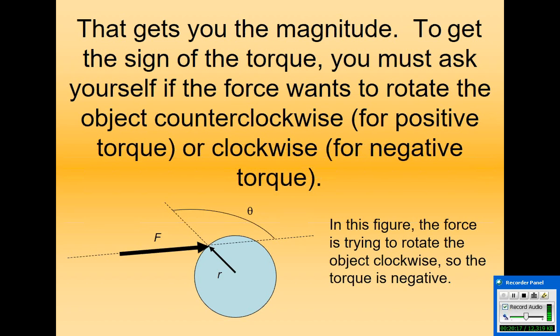If it is trying to induce clockwise motion, we would say it is negative in direction. And if it's trying to create counterclockwise motion, we would say it is positive. So in the example you see on the screen of the force trying to cause the circle to start rotating, it's giving it a clockwise orientation in its motion, so it is negative.